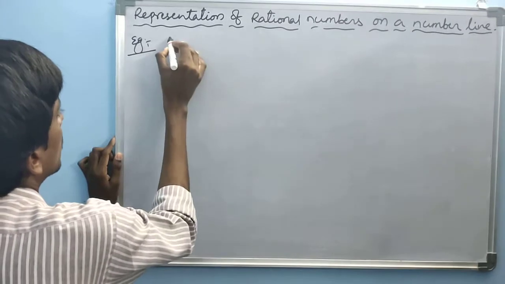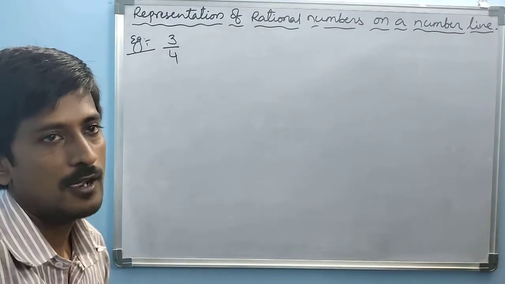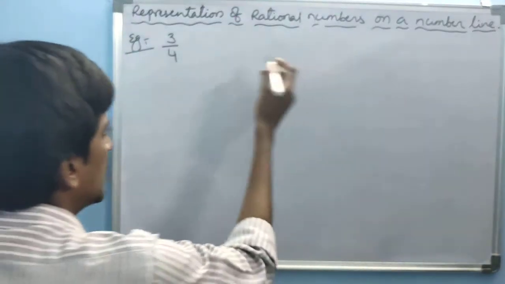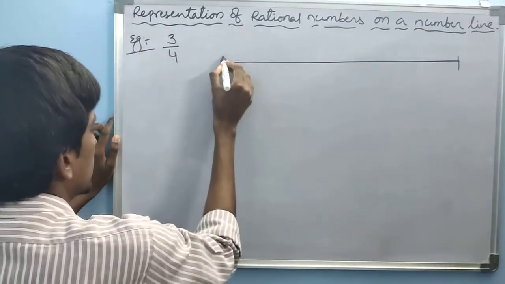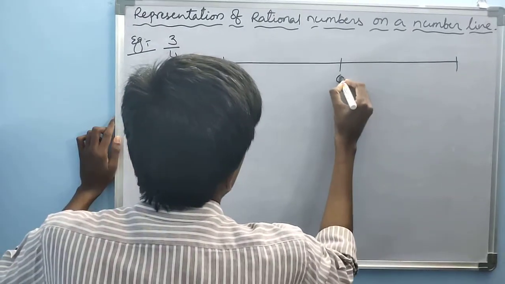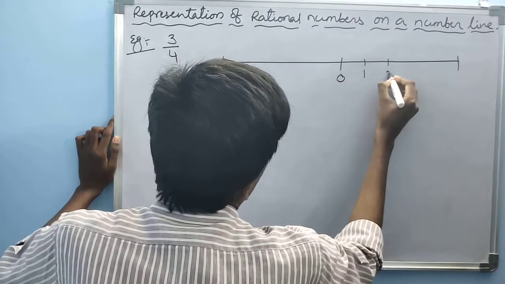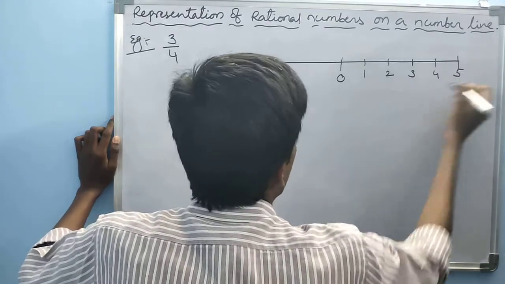For example, 3 by 4 is the given number. How to represent it on the number line? Our scale is like this. The center one is 0. Towards the right side, positive numbers 1, 2, 3, 4, 5 and so on.